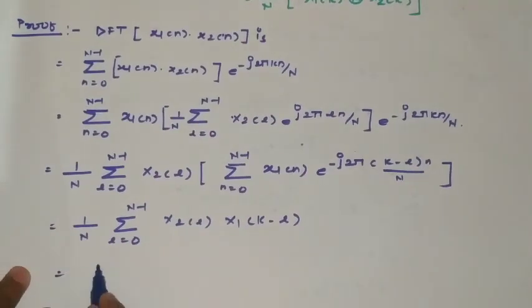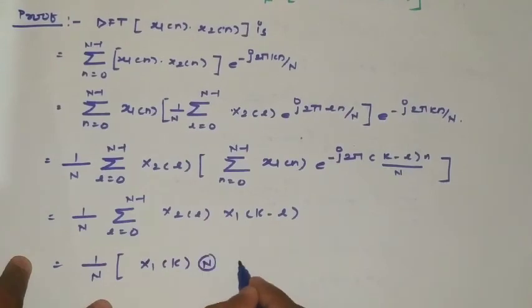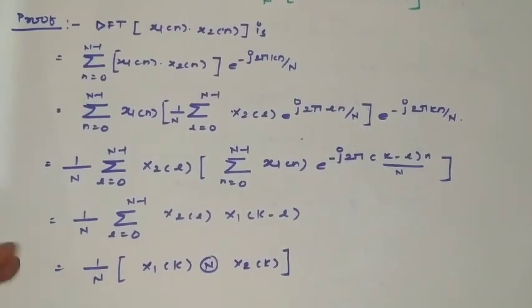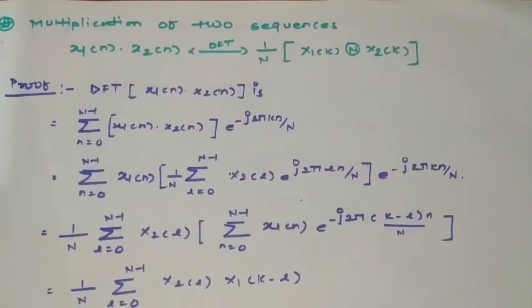That's why we can write 1 upon N as it is, and this becomes the formula for convolution, that is nothing but x1 of k convolved with x2 of k. Now how it comes, already we have seen in the case of the convolution property, where we use the first step in terms of m and n, that will be the result. I hope you again understood this particular property also. Thank you very much.